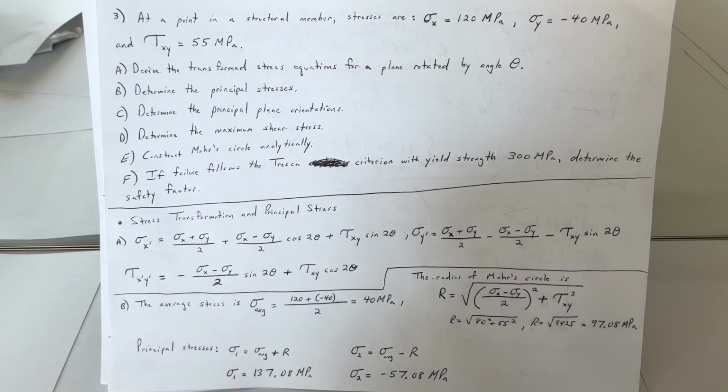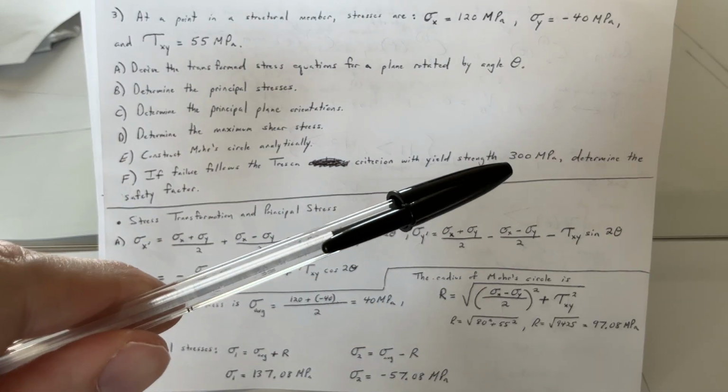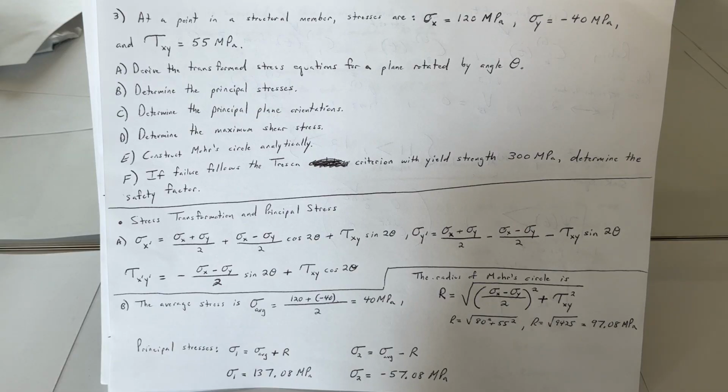So part A, derive the transform stress equations for a plane rotated by angle theta. Part B, determine the principal stresses. Part C, determine the principal plane orientations. Part D, determine the maximum shear stress. Part E, construct Mohr circle analytically. And part F, if failure follows the Tresca criterion with yield strength 300 MPa, determine the safety factor.